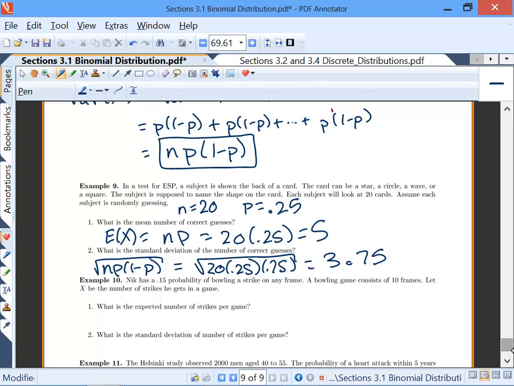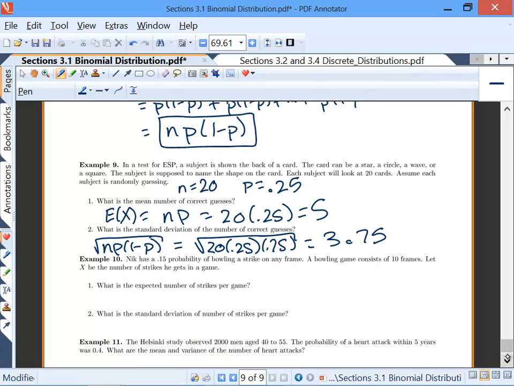Okay, much easier, so we really like it when our random variables are binomial. Is it 3.75 or is it the square root of 3.75? Oh, I forgot it's the square root, thank you. So 1.936.